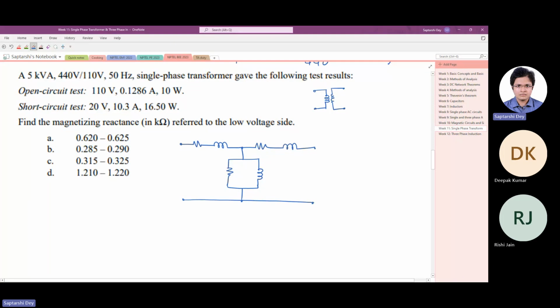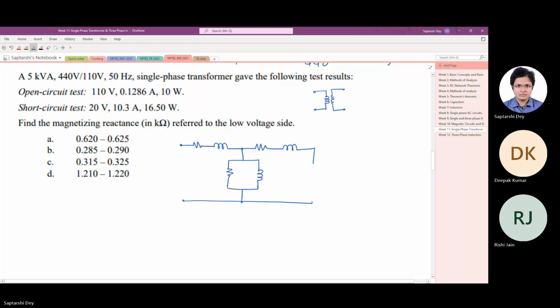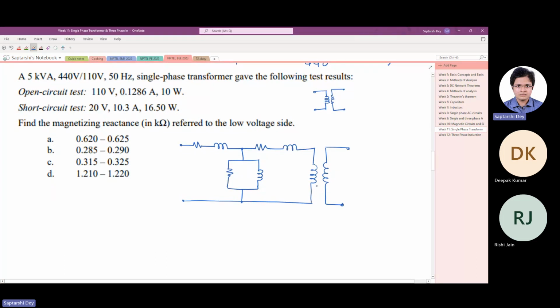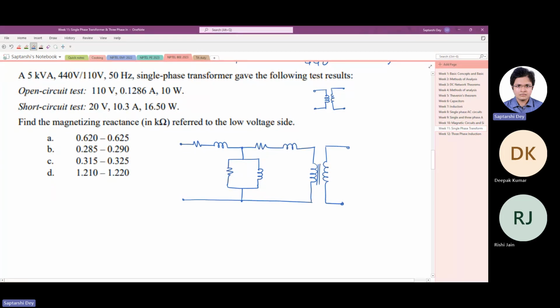That is not true. This one only contains the non-idealities of the transformer. After this, there is the ideal transformer. This one is the ideal transformer. So this network followed by the ideal transformer, this whole thing constitutes the equivalent circuit of the transformer.